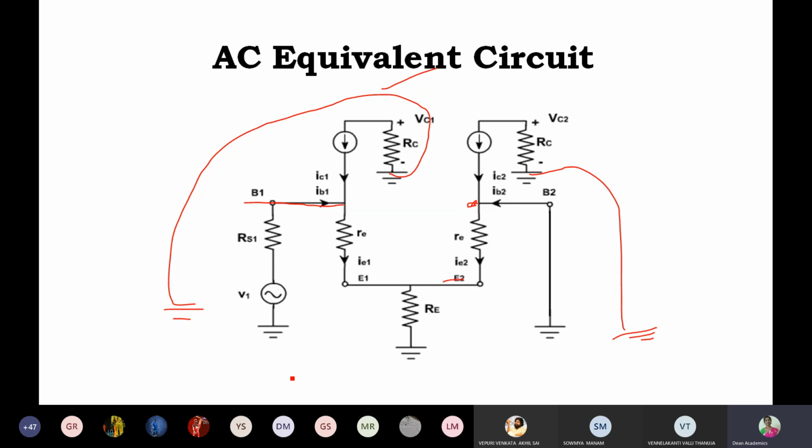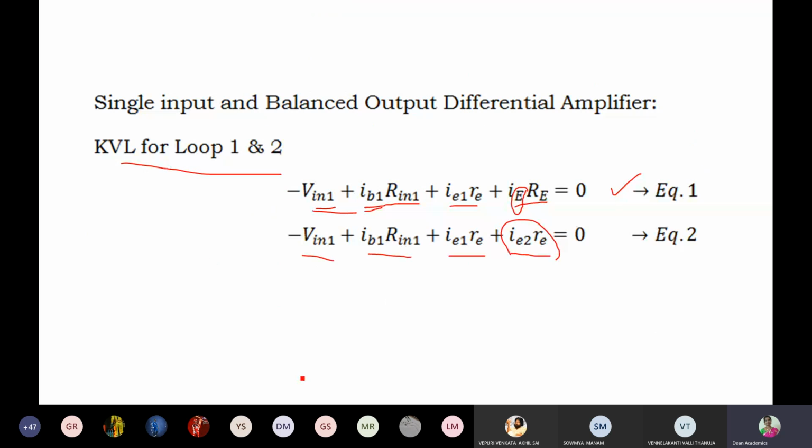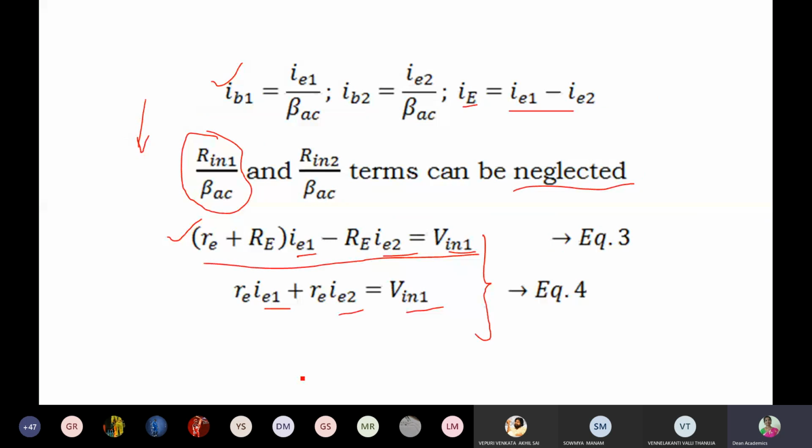When we follow those 2 steps, this is the equivalent circuit. For this circuit, I have dragged this RC to ground, and I have rearranged the same circuit in this manner. If you follow from there to here, then we write KVL for loop 1 and KVL for loop 2, substitute these values and apply Cramer's rule.